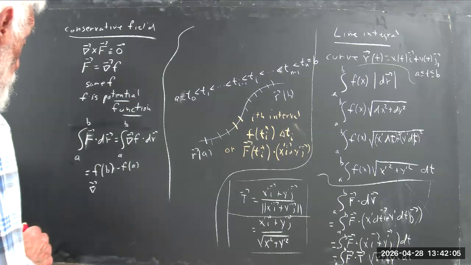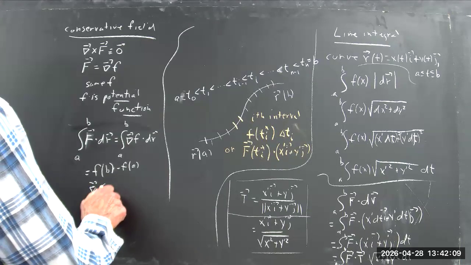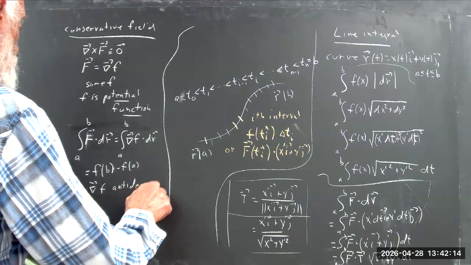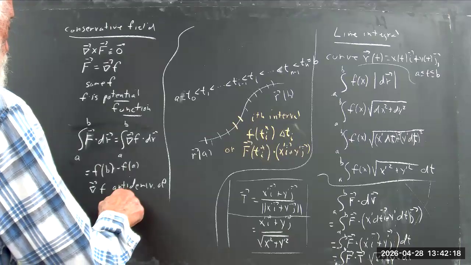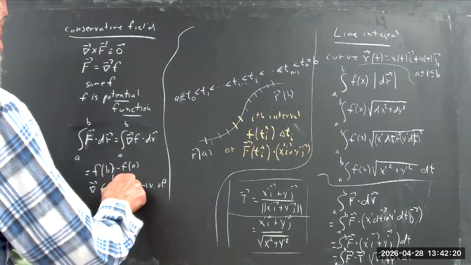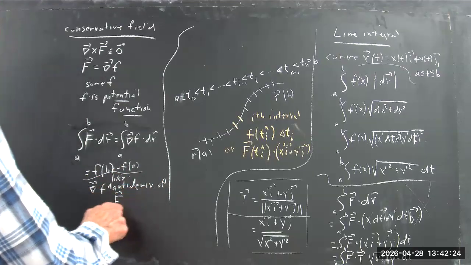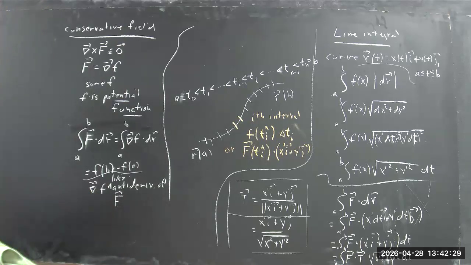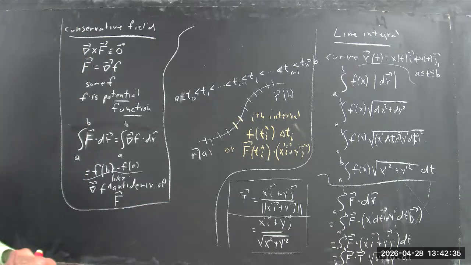It's what I said. Del f is like an antiderivative of your vector field big F. That's an idea you really want to carry around.